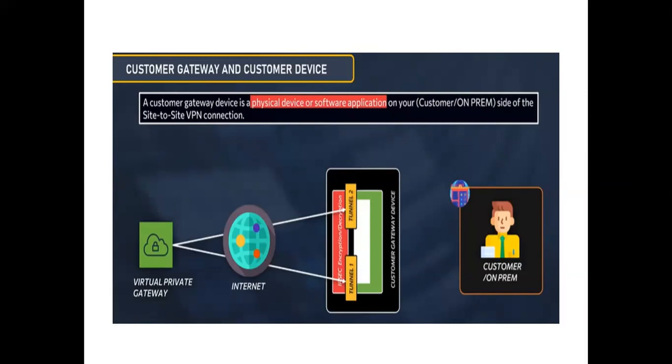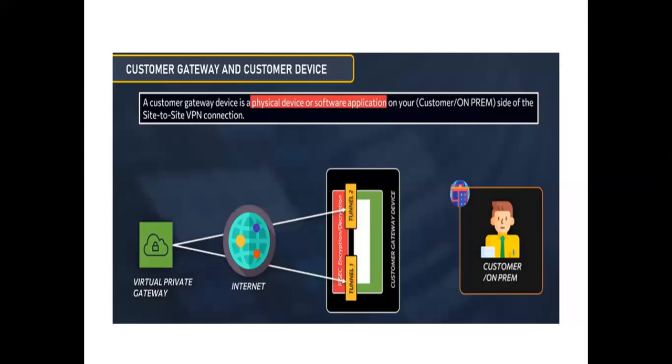At your on premises, you need to have a physical device. Either you go with Juniper or Cisco or FortiGate, any kind of firewall which is supported, you need to use those devices. Those devices only can create a connection from your on premises to the AWS platform. Then only this is possible.